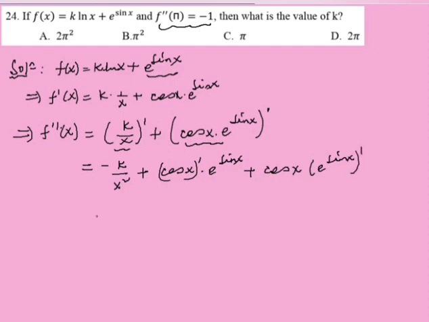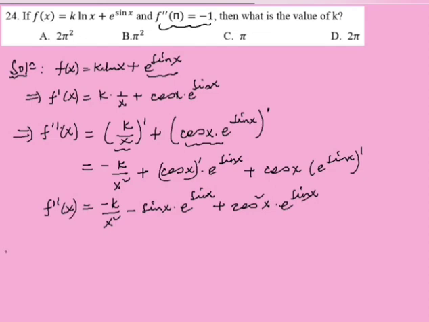So this means minus k over x squared minus sine x times e to the power of sine x plus cos x times cos x, which is cos square x, times e to the power of sine x. This is our second derivative.